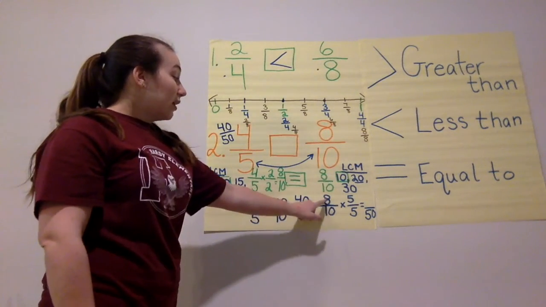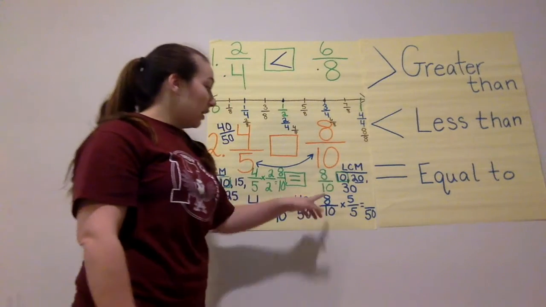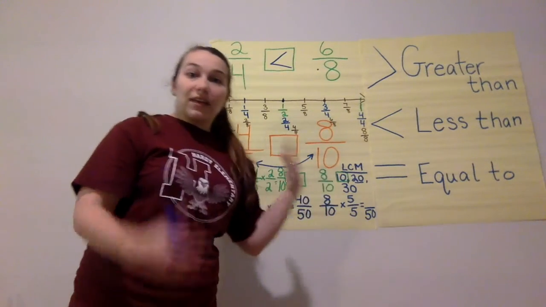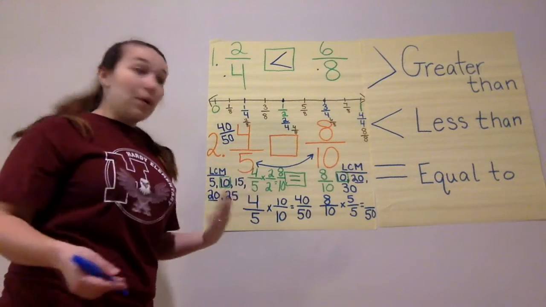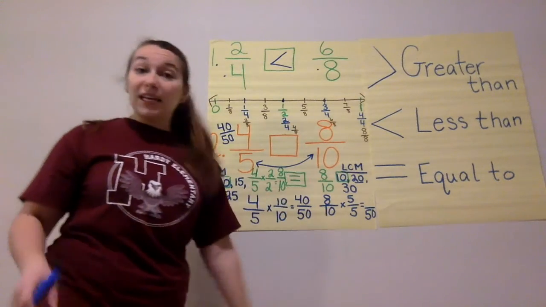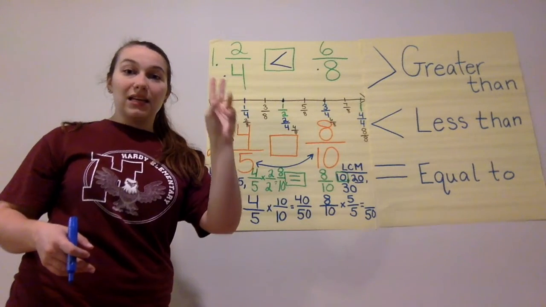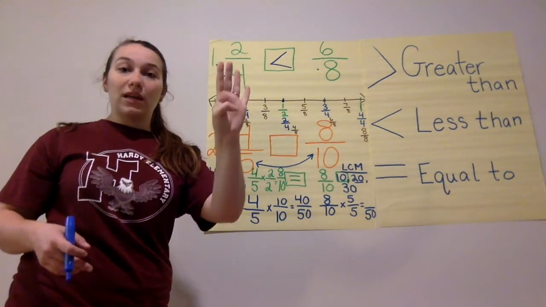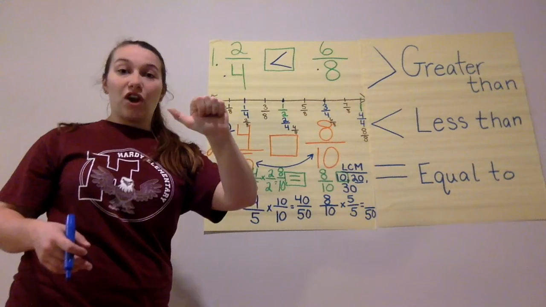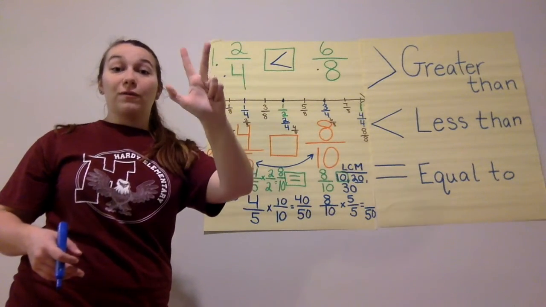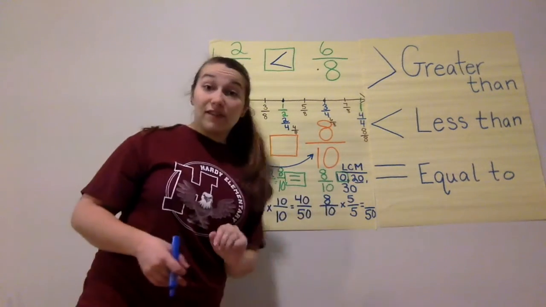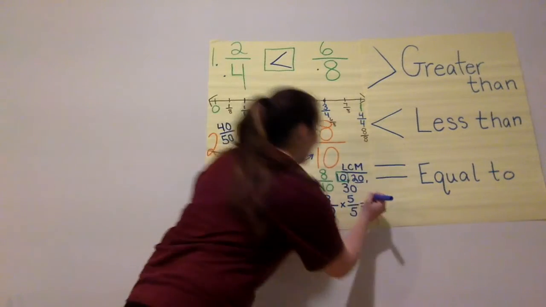So we have 10 times 5 gives us 50. And then we have 8 times 5 gives us what? Well, we can count by fives. 5 is a pretty easy number to count by, so count with me. 5, 10, 15, 20, 25, 30, 35, 40. So 8 times 5 is what? 40.